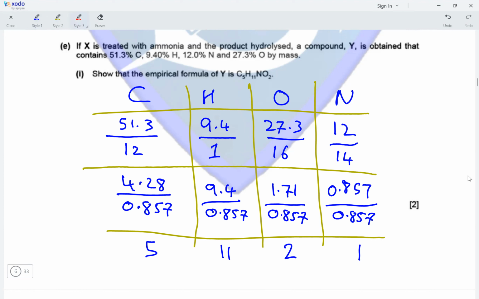So we end up with C5H11NO2, which is the same empirical formula as required in the question to be shown.